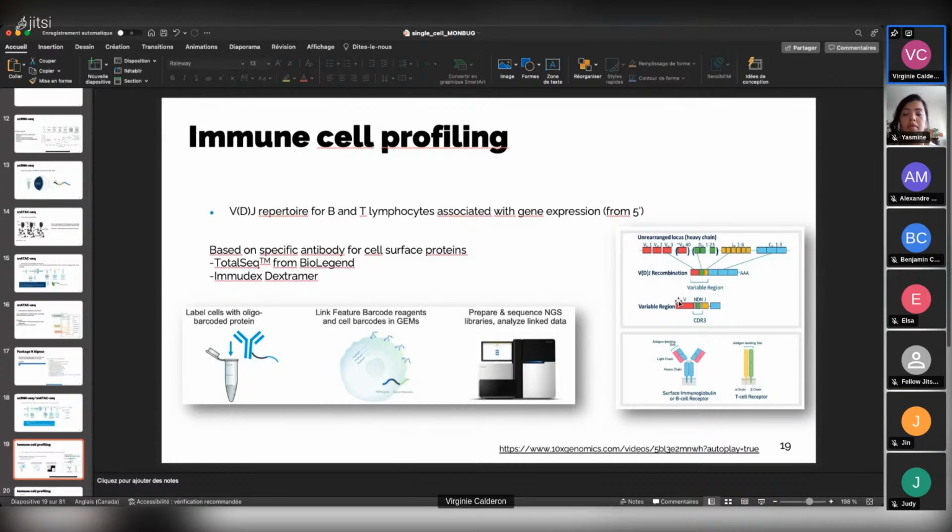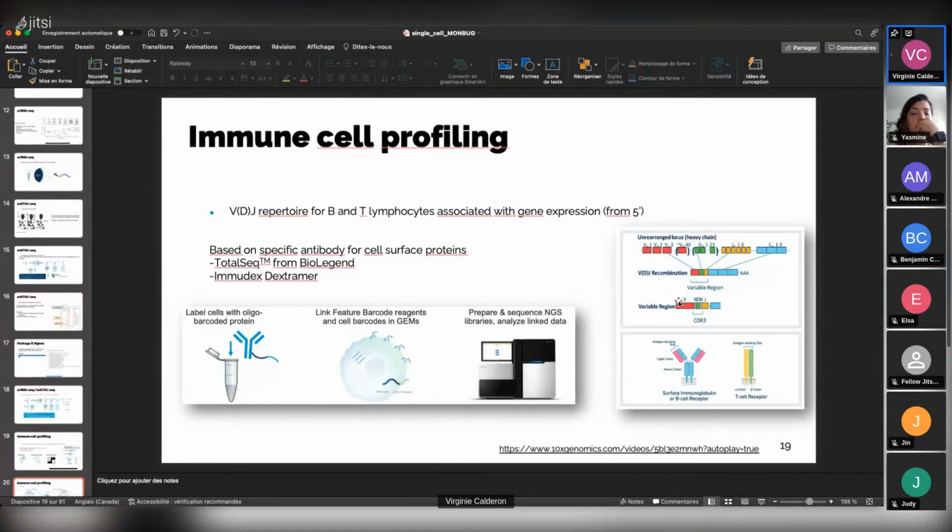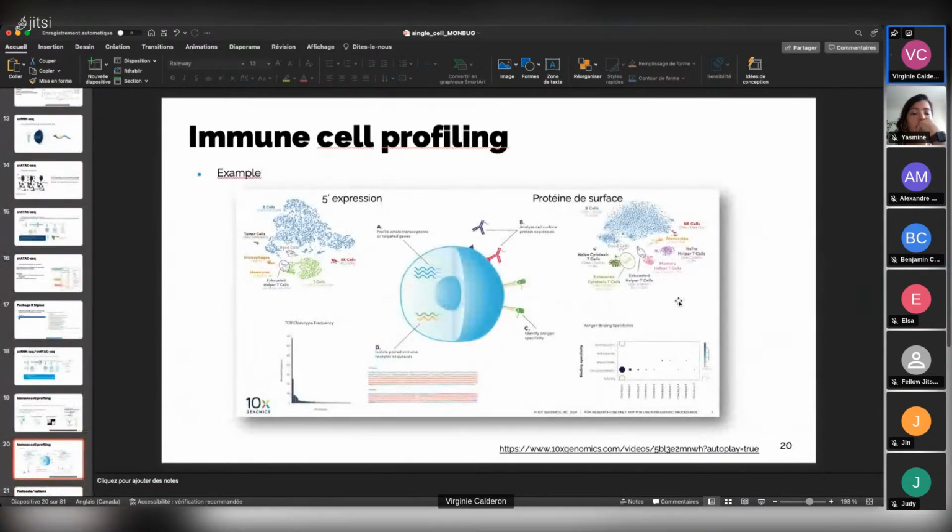There are companies for that, and you need to choose which antibody will be used to target which cell surface protein. In this example, you can see at the same time the expression and the surface protein for the same experiment.